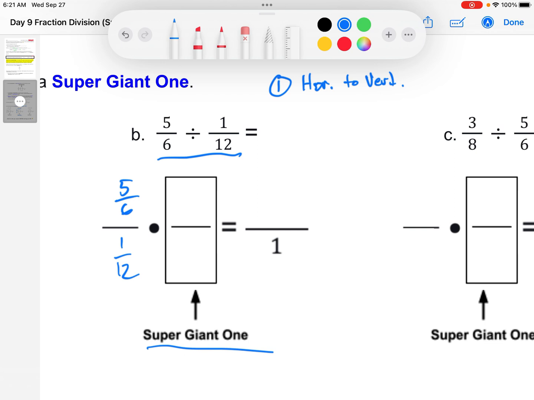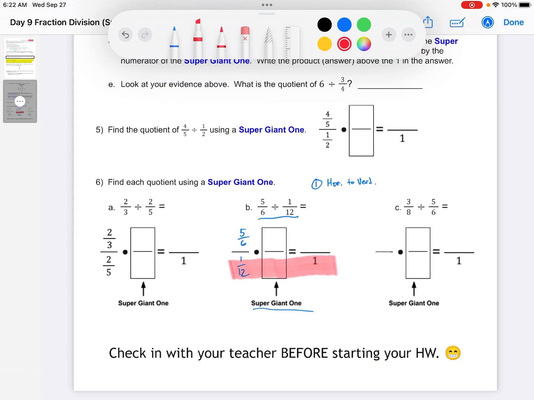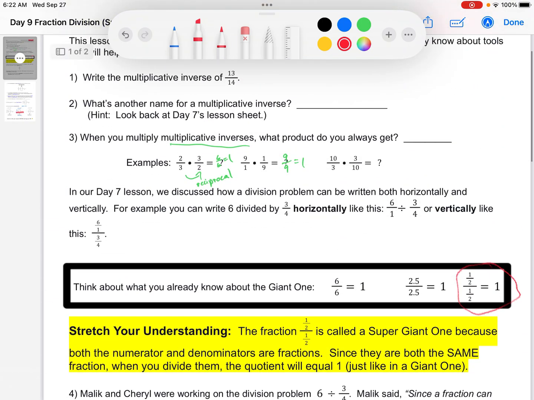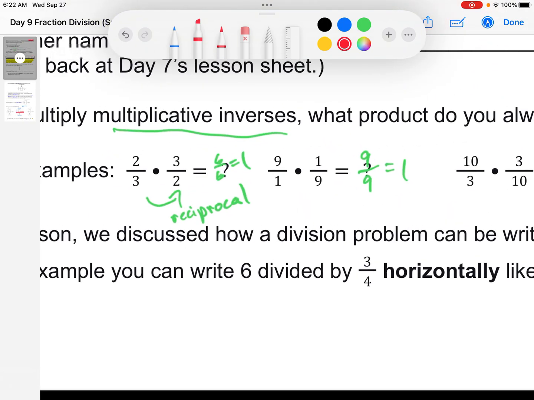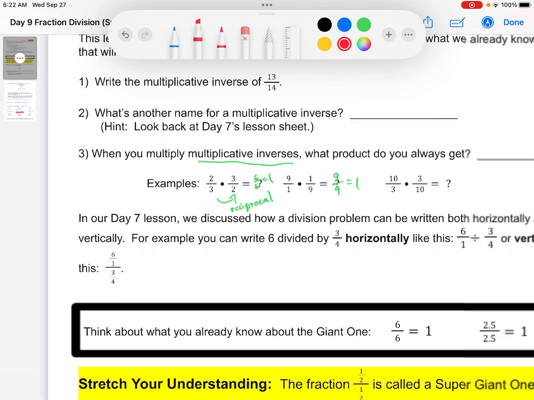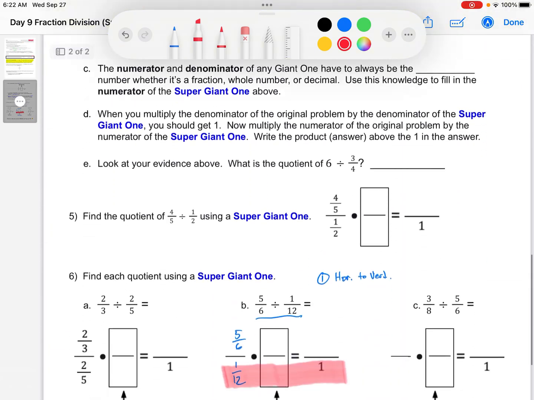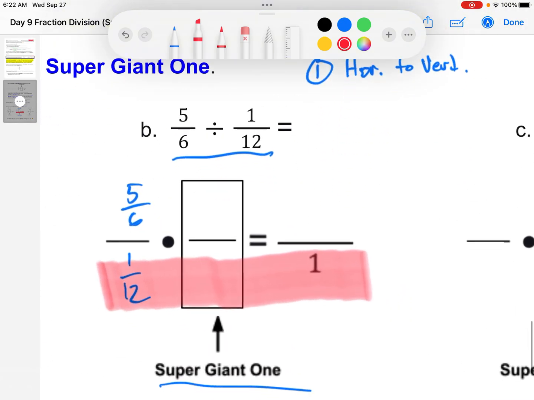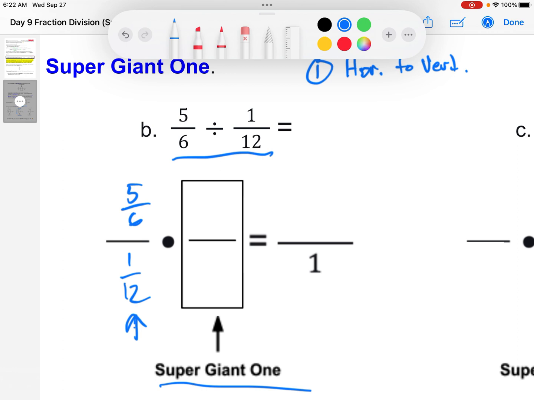Now, the bottom part of this right here is that multiplicative inverse. That goes back to the reciprocal part that we talked about way up here. We want it so that when we multiply by its reciprocal, it's equal to 1. So let's go back down here, and we say the reciprocal of 1/12 is 12 over 1.